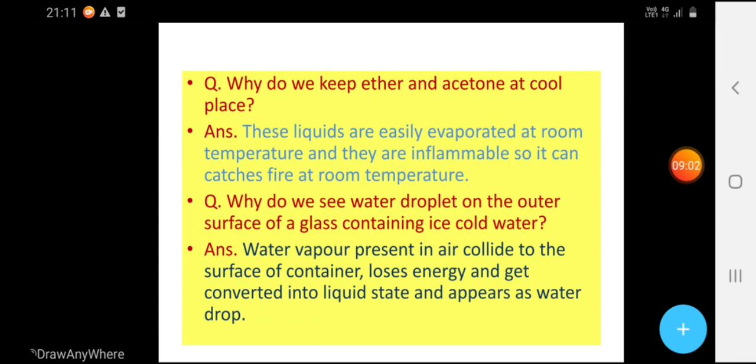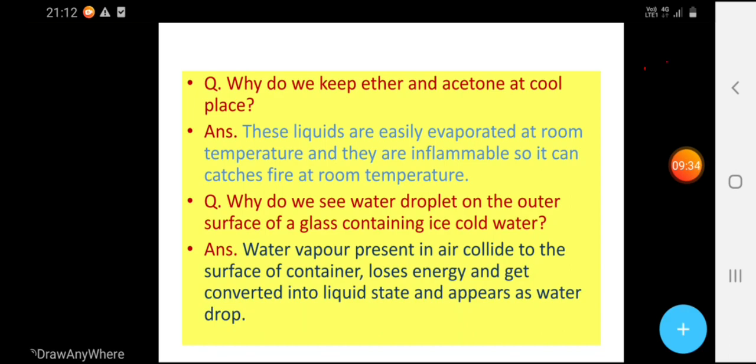Okay, now remember that in the last lecture I have discussed that acetone, spirit or petrol, if you touch it on your skin surface then you will feel cool. आपको कैसा महसूस होता है, ठंडा फील होता है. रीज़न क्या था, that it easily gets converted into vapor form, from liquid to vapor form at normal temperature, means at room temperature also they can get converted from liquid to gaseous state.